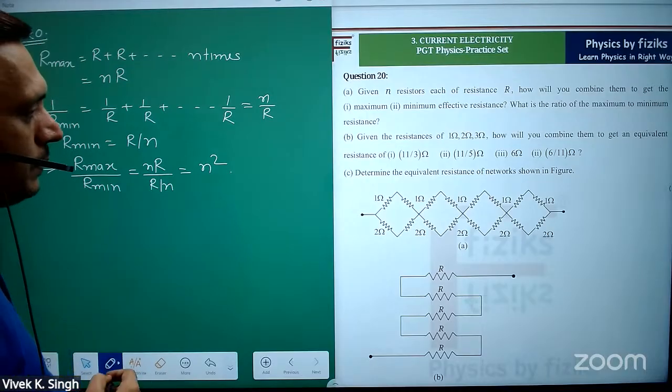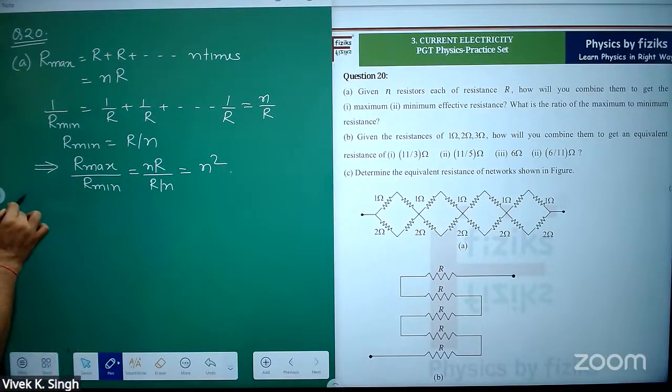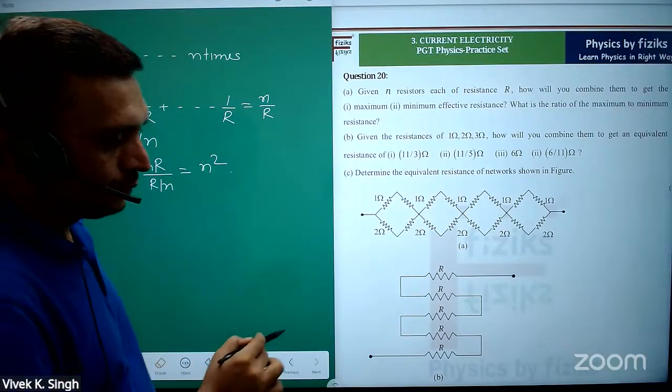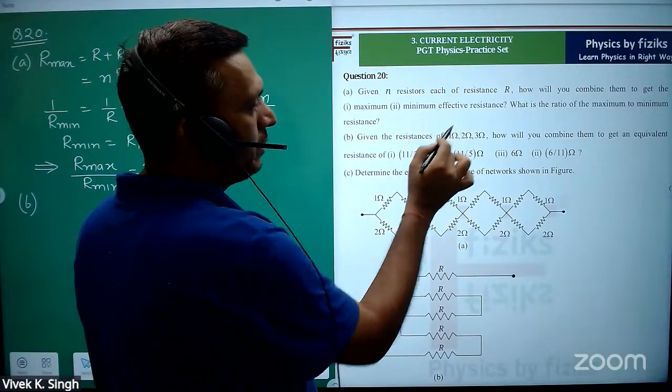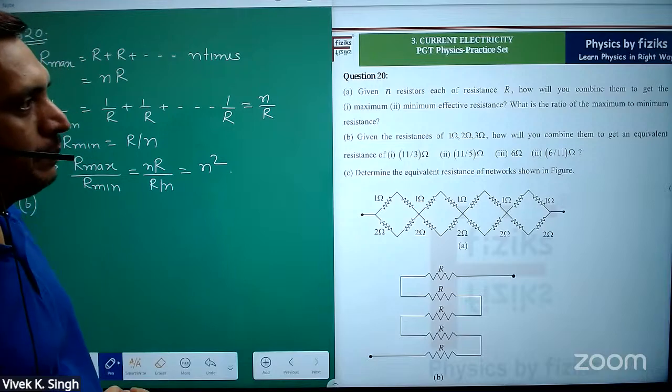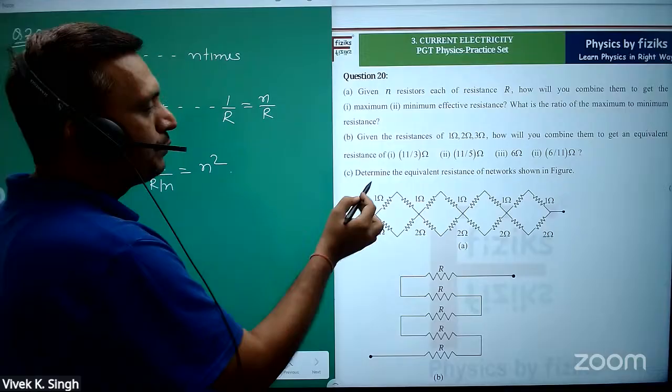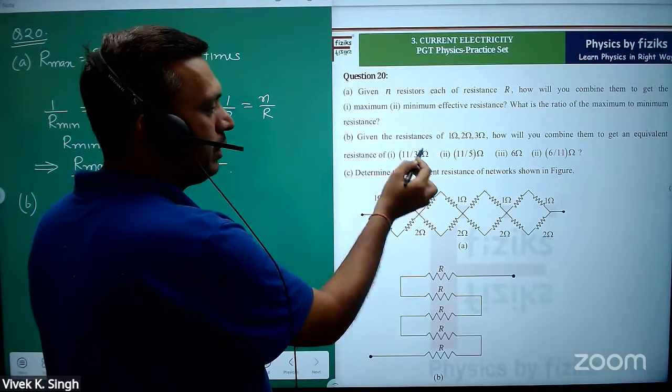Now B part. Given resistances of 1 ohm, 2 ohm and 3 ohm, how will we combine them to get an equivalent resistance of 11 by 3 ohm?